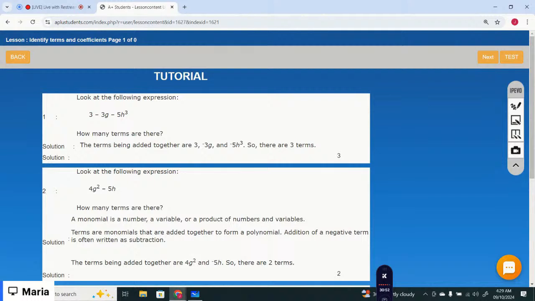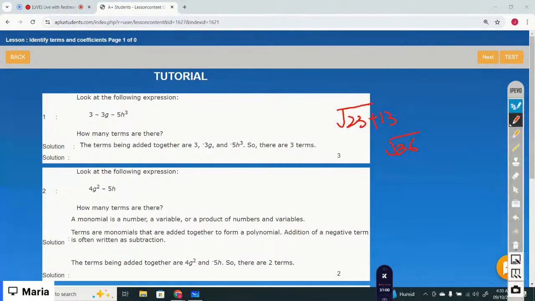How many terms are there? So basically all three are terms, the ones that are combined together with these mathematical operations. 3 is a term, 3g is a term, and 5h cubed is a term. Got it? So there are three terms.